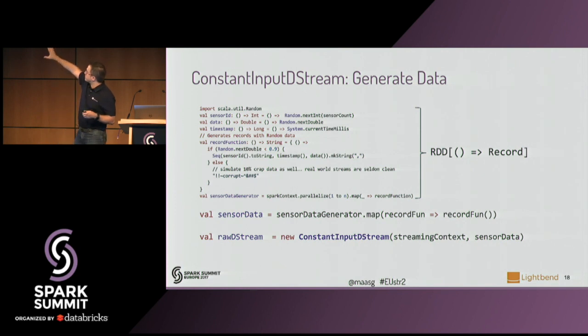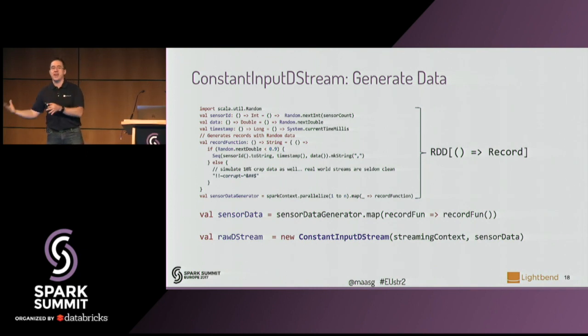Using a Scala function here is small because it's abstracted out. You just need to know that this is a function that, when you apply it, you get a record out of it. What we are doing is creating an RDD of some n elements that contain the record function. It's a little mind twist, because I'm not creating data, I'm creating functions that create data. And then I'm applying that function every time on the DStream to generate my randomized data set.